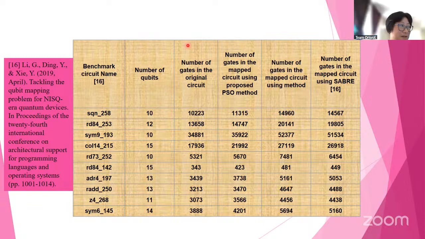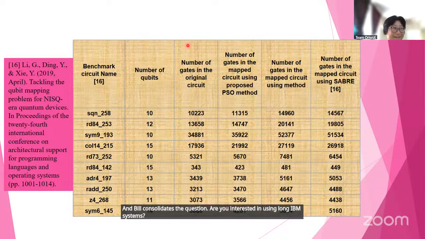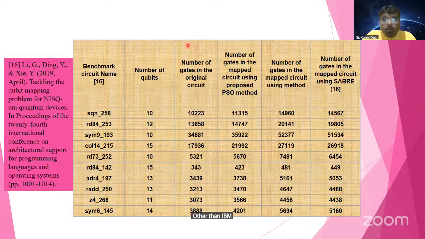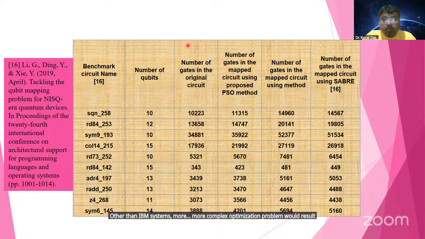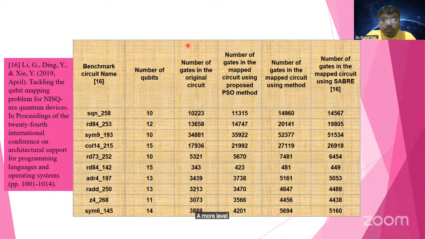And Bill Any- Gonzalez has a question. Are you interested in using non-IBM systems? Other than IBM systems, a more complex optimization problem would result in a higher level, that is qubits. Yes, qubits are required, but we are now concentrating on qubits only.